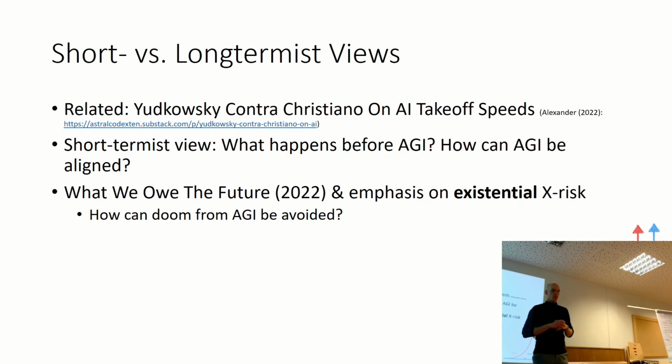Right? We don't really know much about that, but the existential risk perspective that came out last year emphasized maybe the dangers of a fast takeoff, which will happen in a longer time, but then could be catastrophic.